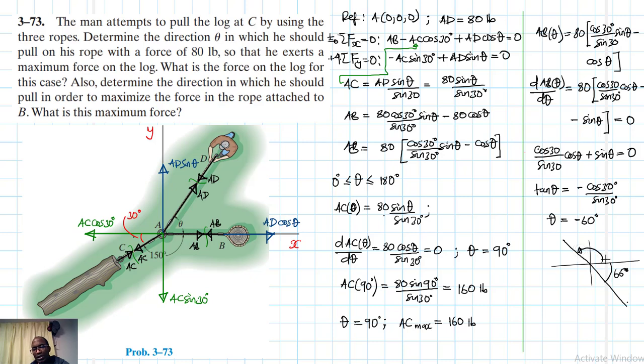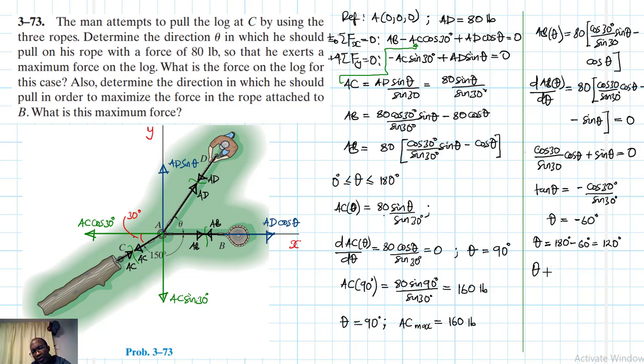So how do we get this? We just say 180 minus 60. Is that fine? Great. Therefore, our theta is just going to be equal to 180 degrees minus 60, which is equal to 120 degrees.